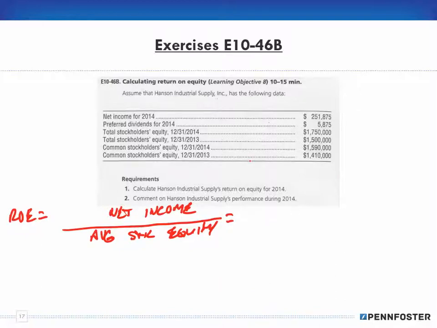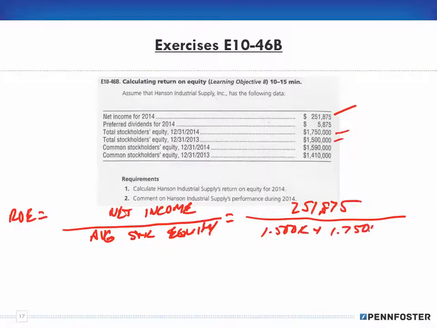So we know our net income is $251,875, and for our average stockholders' equity, we have the beginning of $1,005,000 plus the ending of $1,750,000, and you divide that by 2.